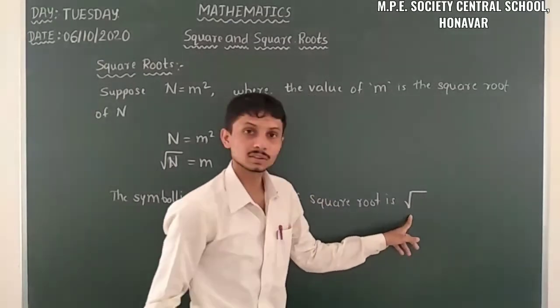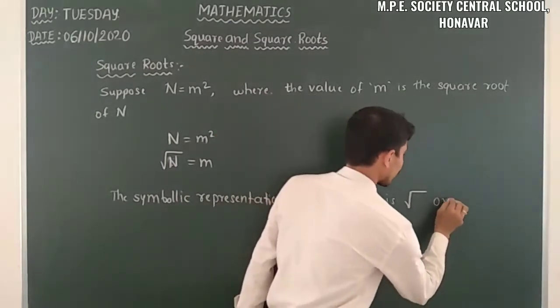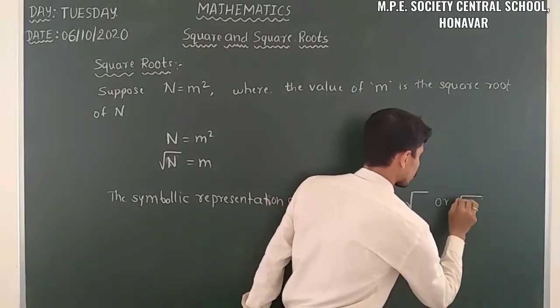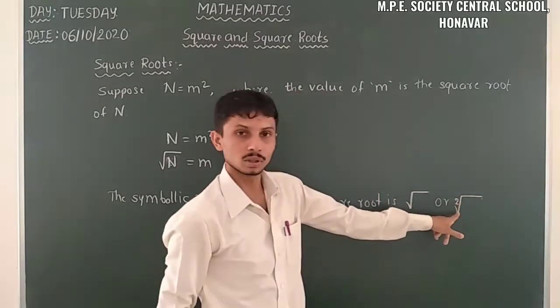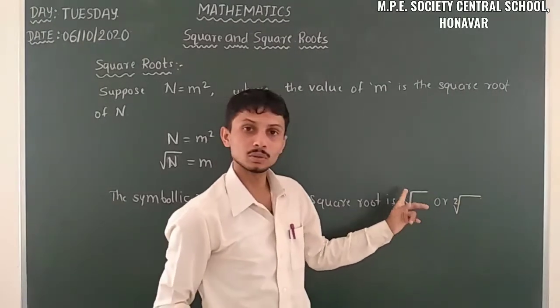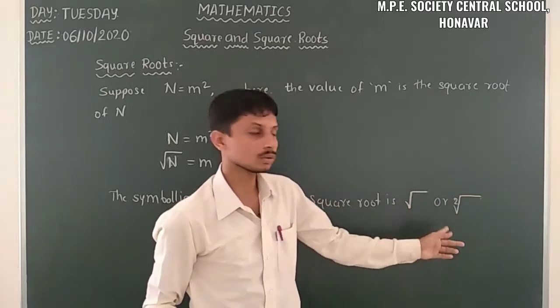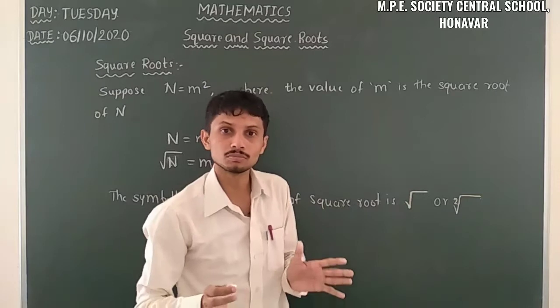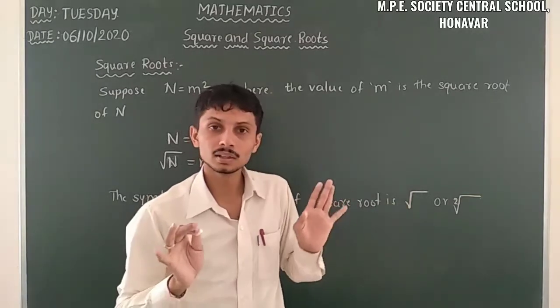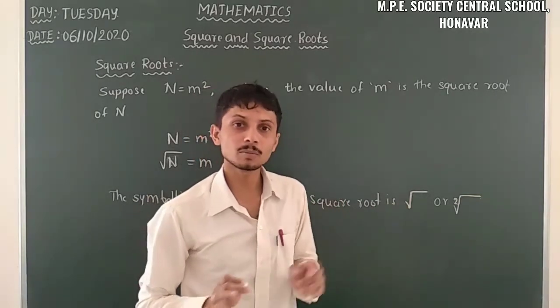Simply we can take this one, or we can write this also. When we insert 2 here, it is also a square root. Here also we can assume that one is the square root. So this is about square root.